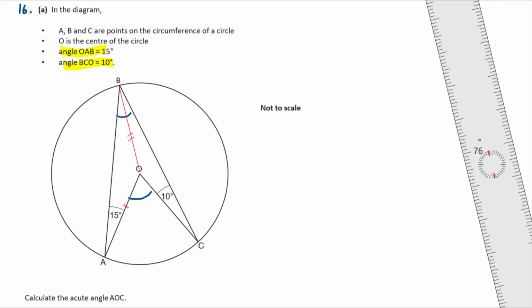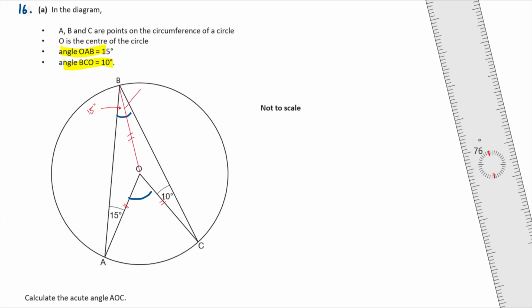And O to C is too, so they're all radii, all equal to each other. By adding those lines in, you should see that triangle OBA is isosceles, which means that this angle up here is also 15 degrees because it's the base angle of an isosceles triangle.